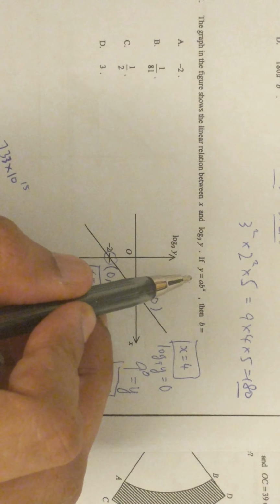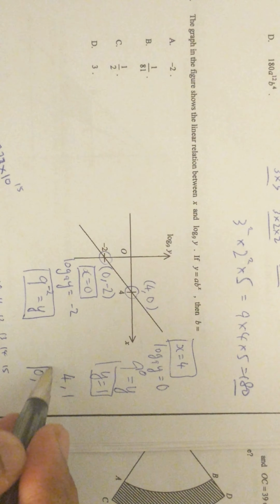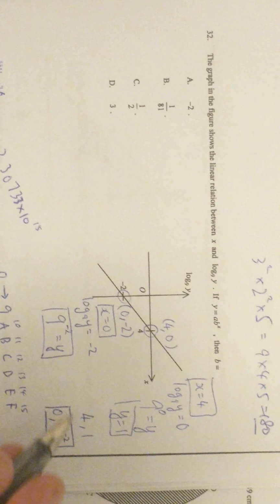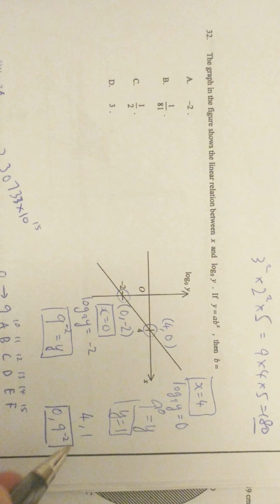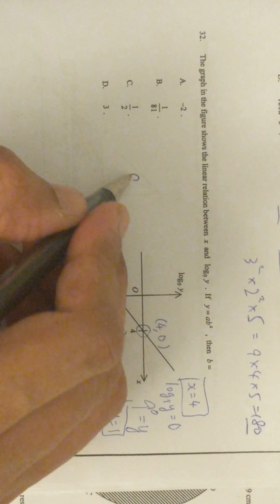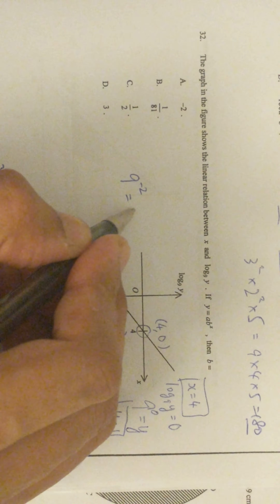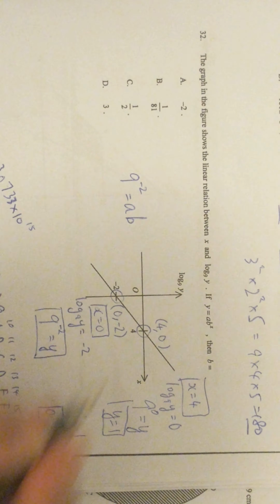So what to do? Let's put this one in the second bracket. So x is 0 and y is 9 to the power negative 2, and x is 0.